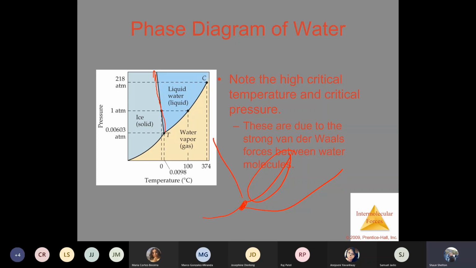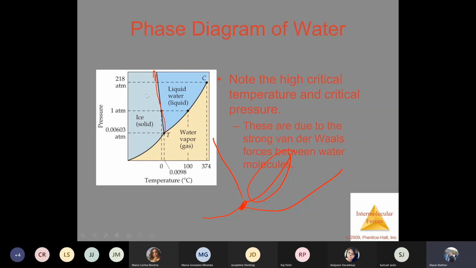And one of the things we have to pay attention to is the fact that we look at the density of water versus solid water. So liquid water's density is right around 1 gram per milliliter, and solid water is less than 1. That's why ice floats on top of water, and we see that show up within the phase diagram.